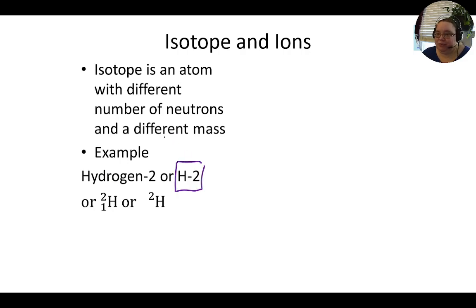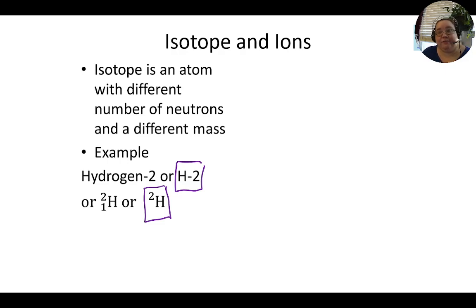H-2, the symbol, dash, its mass, is one of the common ones, and the other more common one is using the mass in front of the symbol. The number that's given to you is the mass. It is telling you that this hydrogen has a mass of 2.